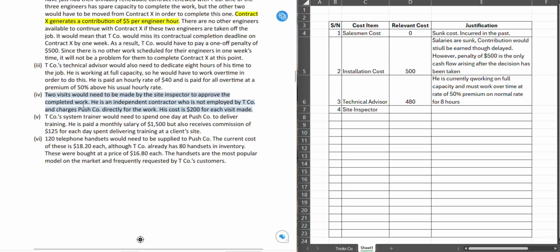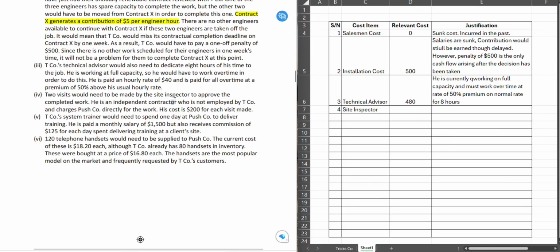Look at this interesting one, site inspection. Site inspection is done by PUSHCO, which is the customer. We at TICO are trying to estimate our own cost, so we don't have business with this one. If our customer has their own process of inspecting their work, maybe for quality assurance or whatever it is, that is not part of our process.